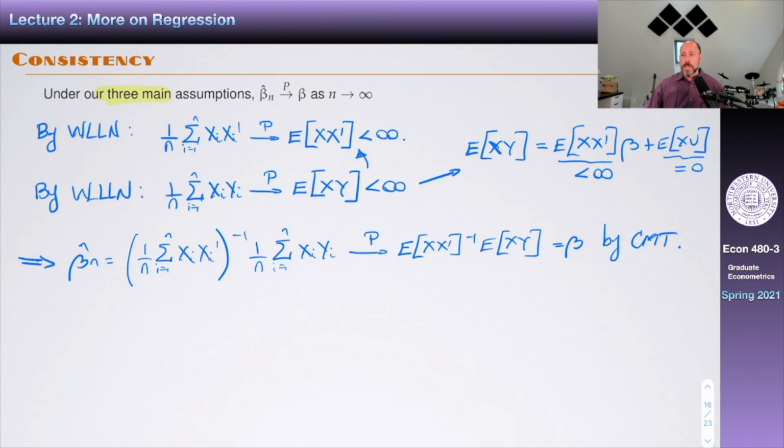So assumption 2 gives us that also expected value of x y is finite, in combination with assumption 1. And then assumption 3 guarantees that this inverse exists, so we can apply the continuous mapping theorem. So here we use, if you want, assumption 3. And that's the proof of consistency.